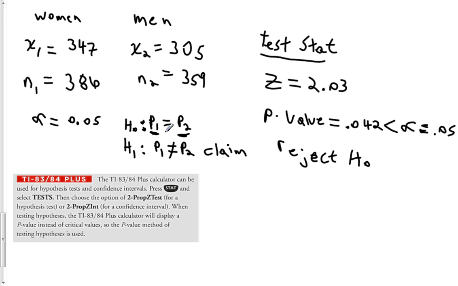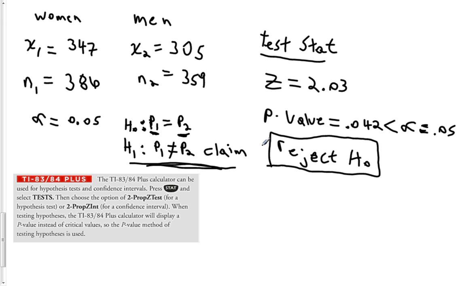Anyway, we rejected the hypothesis, which means we have enough information to support the claim that it's probably not equal, the proportion of men and women who believe it's morally wrong to have an affair.